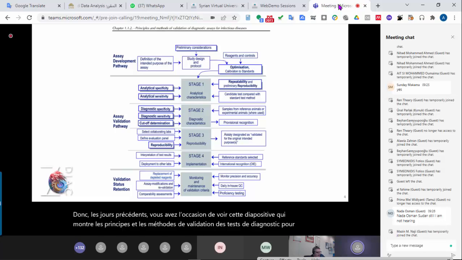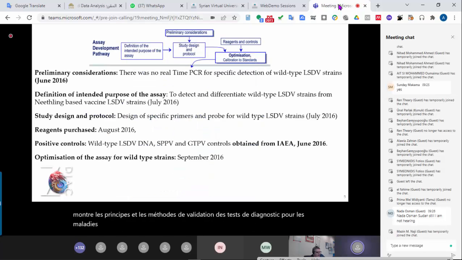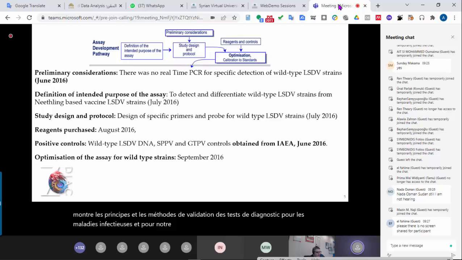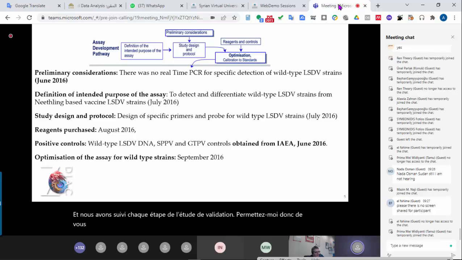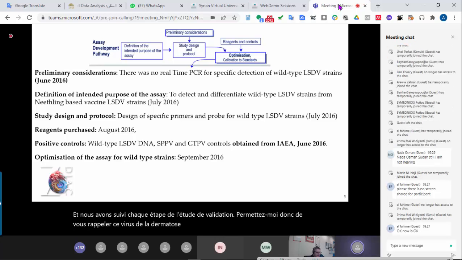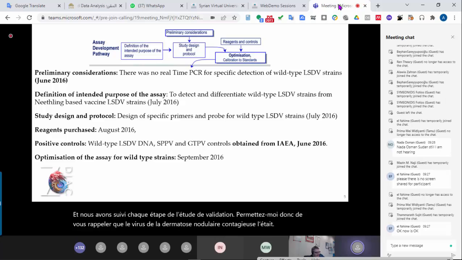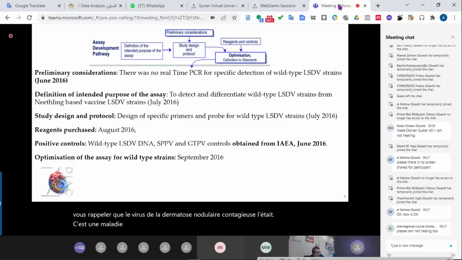For our validation, we followed every step of the validation study. Let me remind you that lumpy skin disease was, until recently, specific only to Africa.